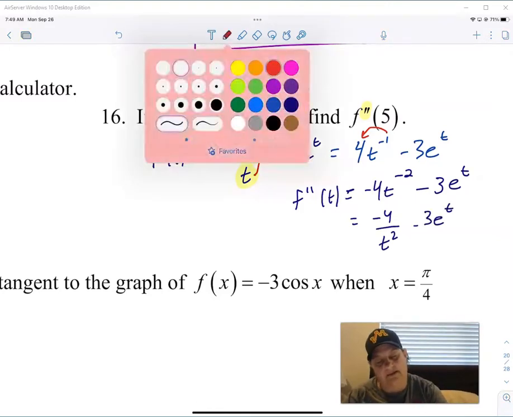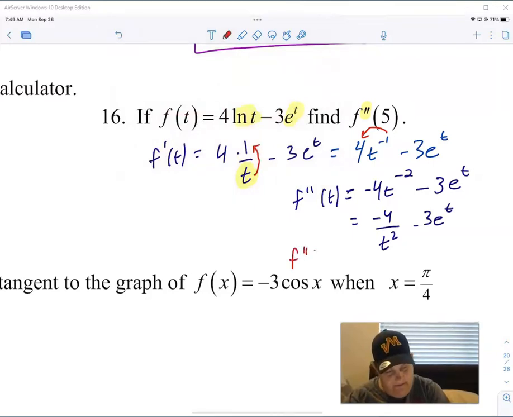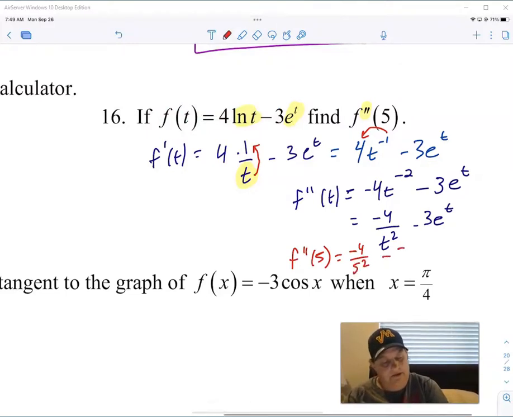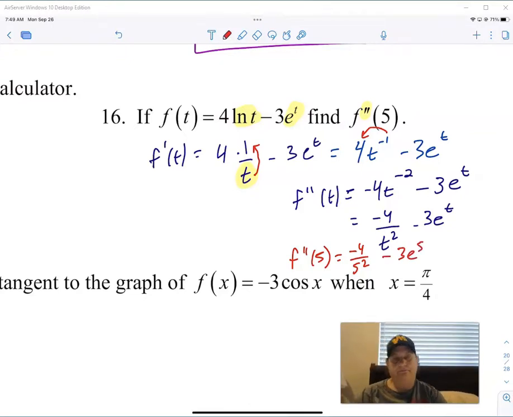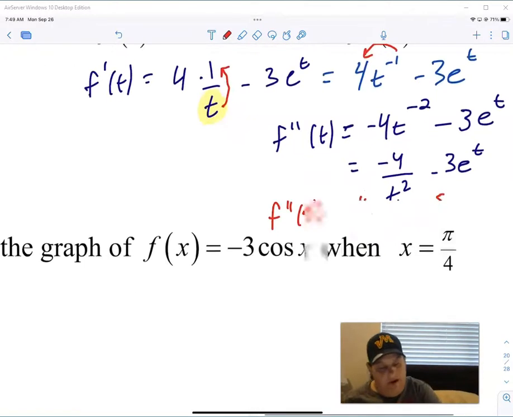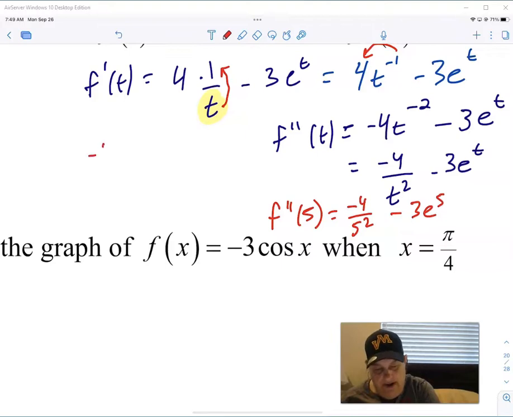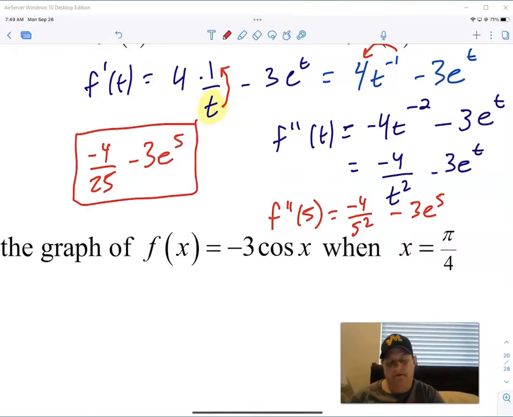My last step is evaluating it at 5. So it's negative 4 over 5 squared minus 3e to the 5. You can leave it like that, or you can write your answer as negative 4 over 25 minus 3e to the 5.